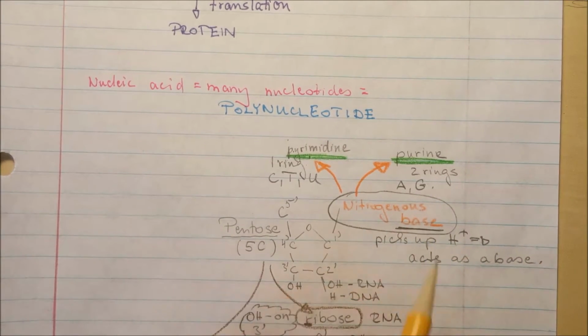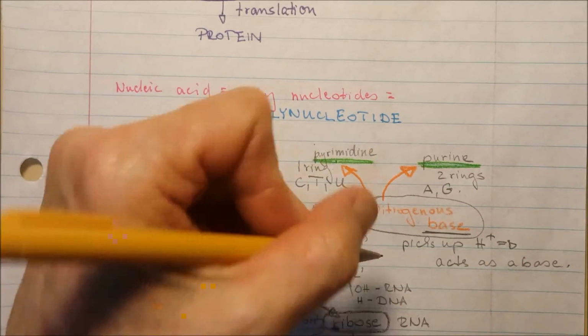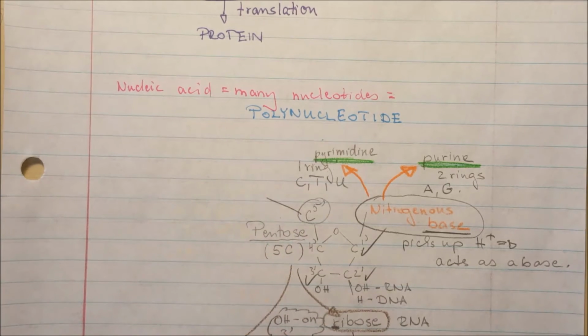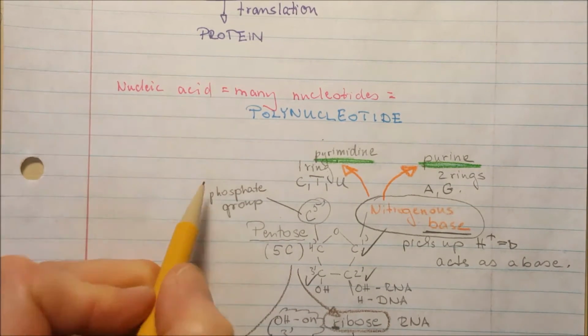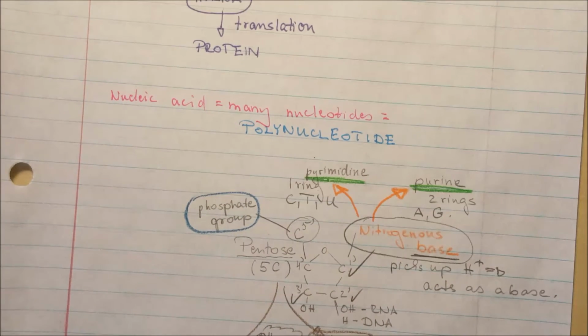They usually pick up hydrogen ions, so they act as a base, hence the name nitrogenous base. To the 5th prime carbon, the phosphate group binds.